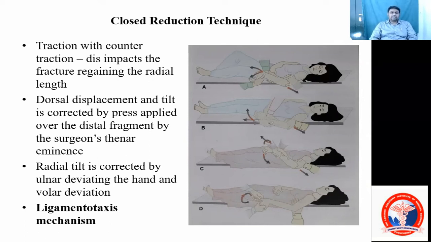And this is brought about by the mechanism called ligamentotaxis. Ligamentotaxis is nothing but, you know, whenever there is a joint, the joint is held by capsules and ligaments, here the ligaments around the wrist joint. So whenever we give traction and counter traction, the ligaments will hold the fracture and reduce the fracture. This is called ligamentotaxis.